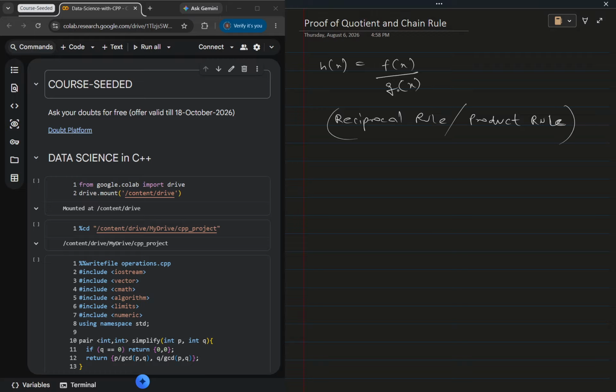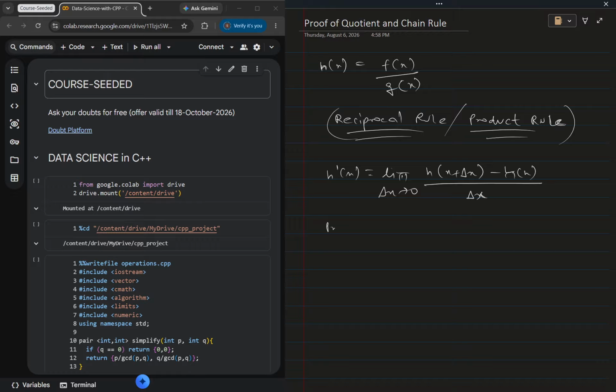So we have this f(x) and g(x). With the product rule and the reciprocal rule you can directly prove this as well. Let's say I want h'(x). You know what the limit is: the limit as delta x tends to 0 of h(x + delta x) minus h(x), divided by delta x.